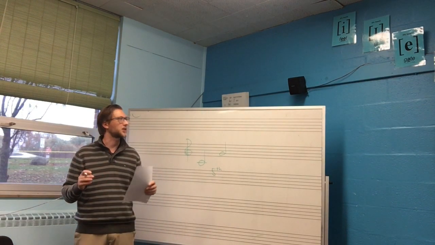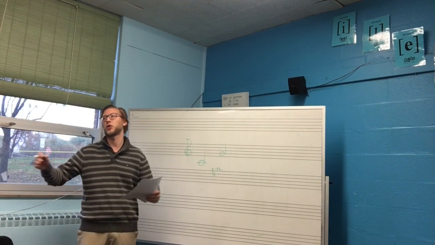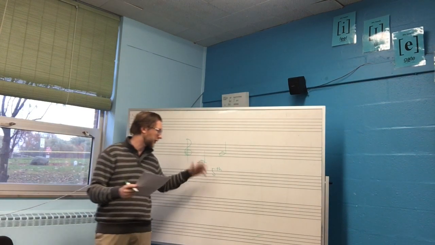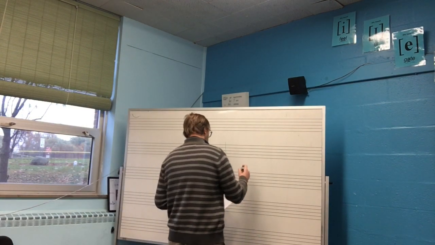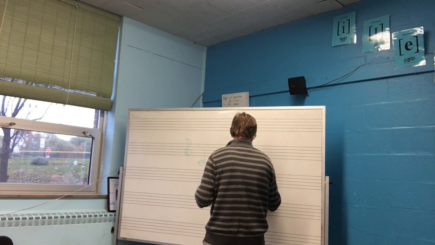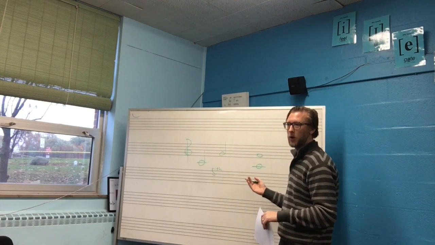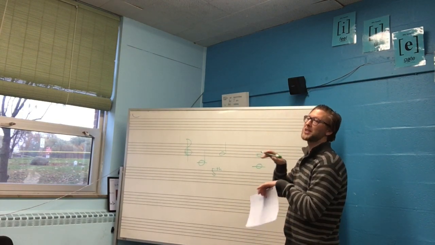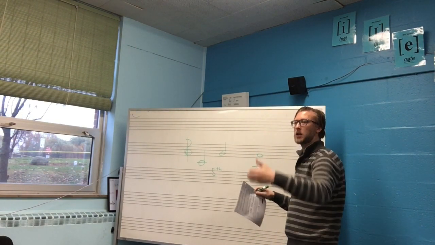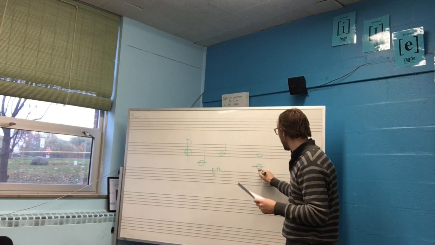If you one day have a 6-year-old at home, they might be a first grader. So that's why you say it like that. This is a fifth. Also, this is a fifth, though it's harmonic because it happens at the same time. They're stacked up. This is also a fifth.